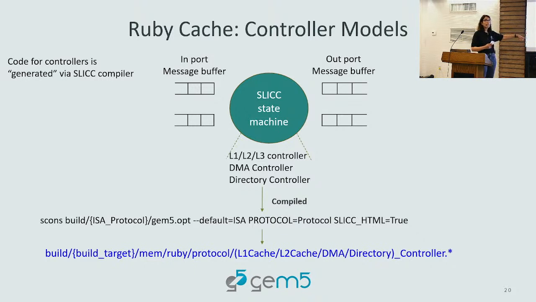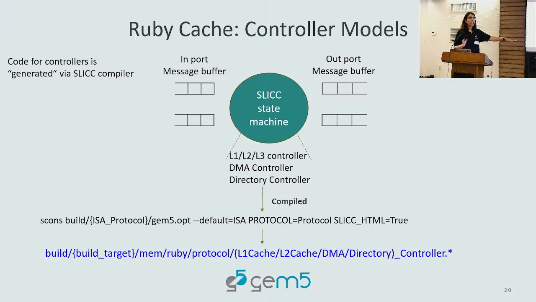The way we compile this is that we use the same command line that you used at the beginning of this session, where you specify your ISA. Is it x86? Is it ARM? Is it whatever? And then you specify the cache coherency protocol that you want to use. For instance, the way you did it, you used the MESI two-level protocol, and you just pass it to this. SLICC HTML creates an HTML file at the end that tells you how the states and everything else are connected to each other.